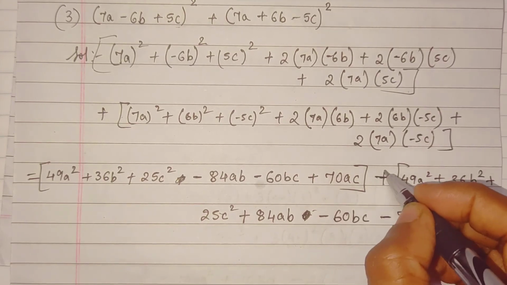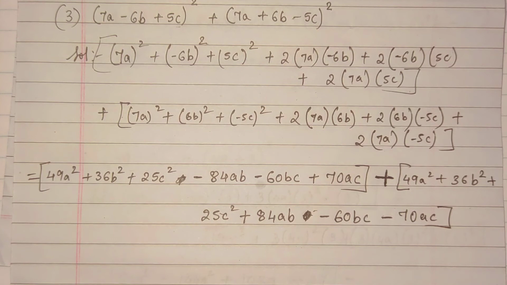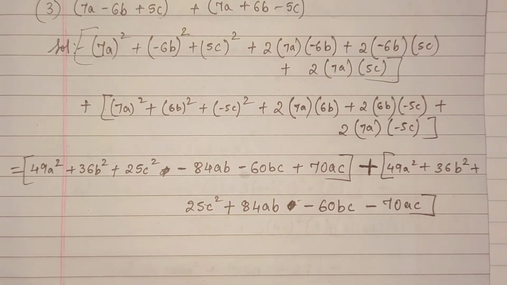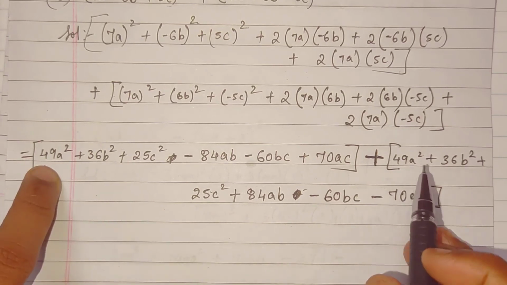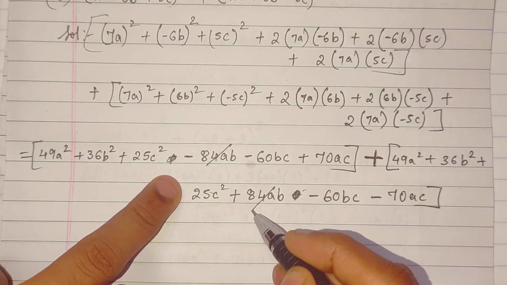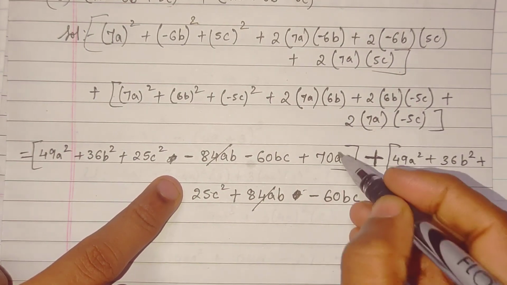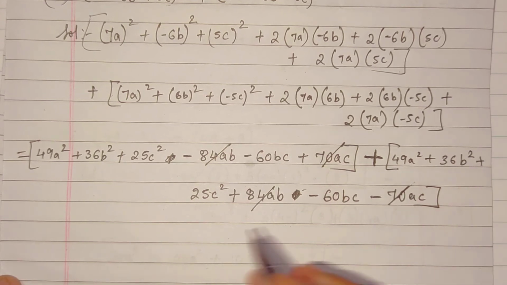Now see, here we have plus, and when there is plus, the signs do not change, so directly we can do cancellation over here if there is any opposite number. So see, this and this are opposite, this and this are opposite, nothing else, there is no other opposite.